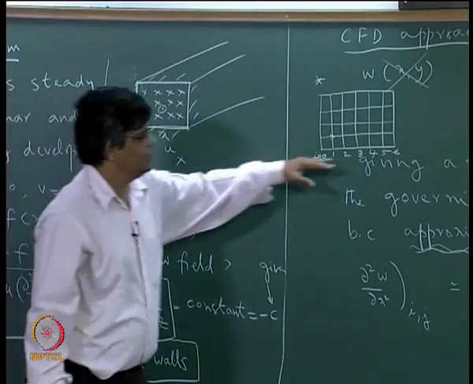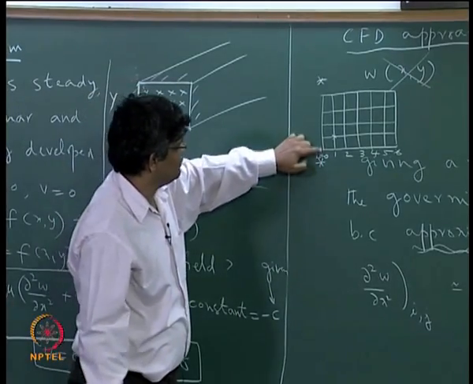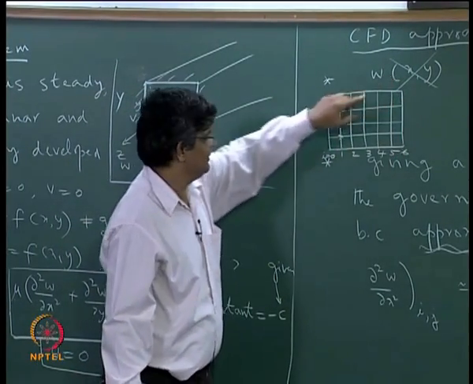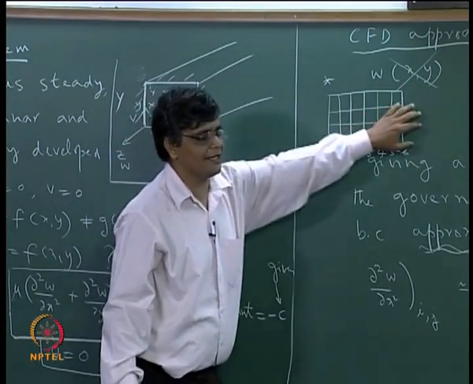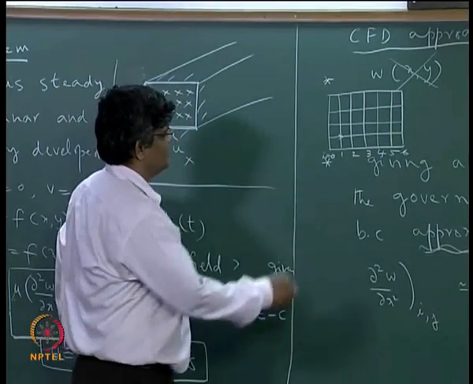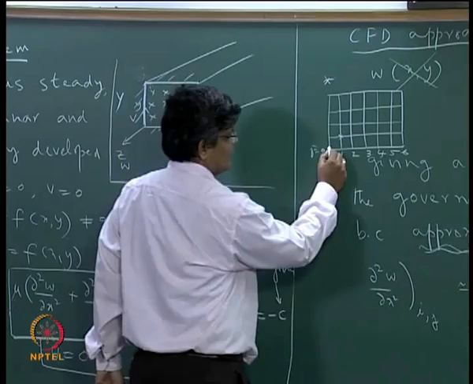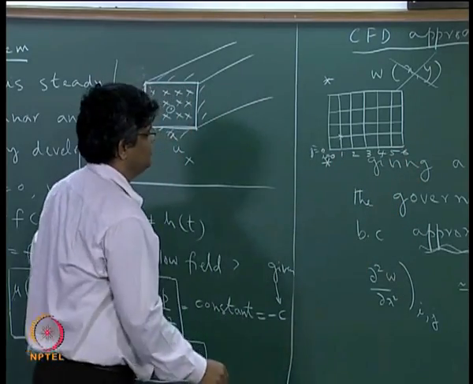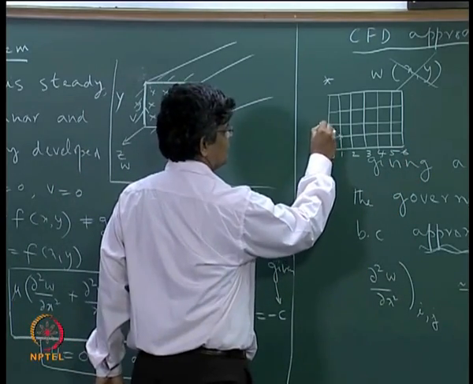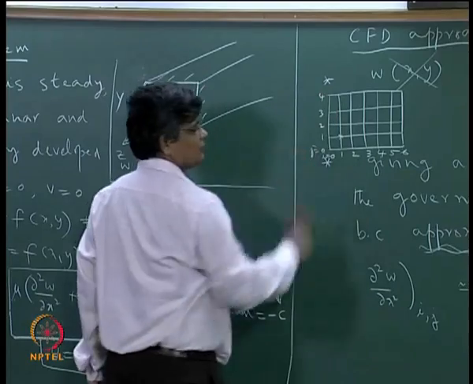Of these lines, the 0th line and the 6th line constitute the left boundary and the right boundary. Similarly, we can put j equal to 0 as the line corresponding to the bottom boundary, and this is j equal to 1, 2, 3, 4.